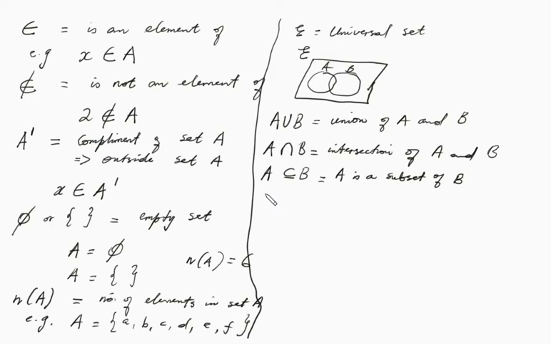Now, there is this symbol also. That means set A is not a subset of set B. That means set A is not contained in, nor equal to, set B. We have this one, which is more or less similar but different.